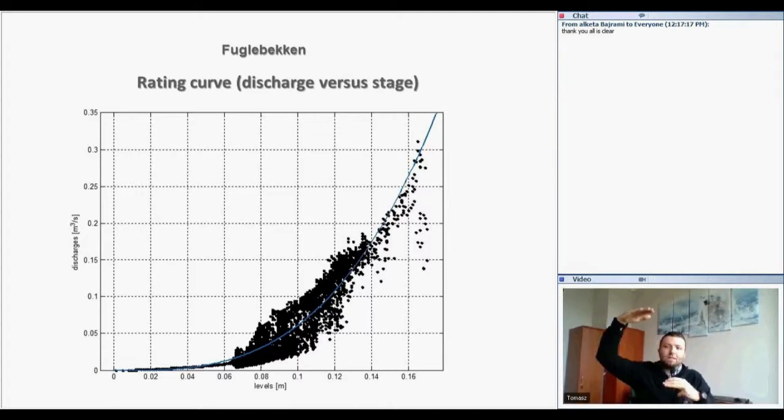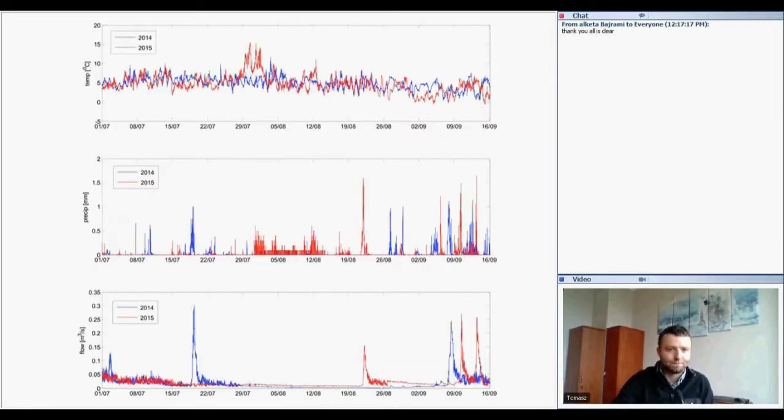If it's deeper, there will be more water. And that's for preparation of the rating curve, which is discharge versus stage. So stage of river. How deep is it in different profiles?